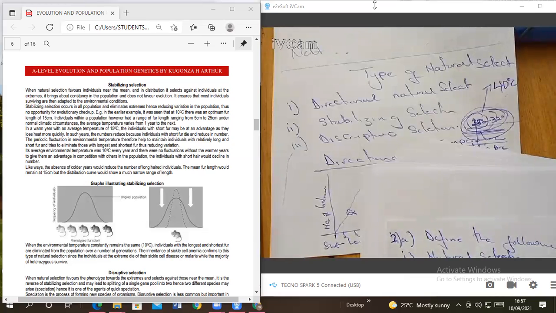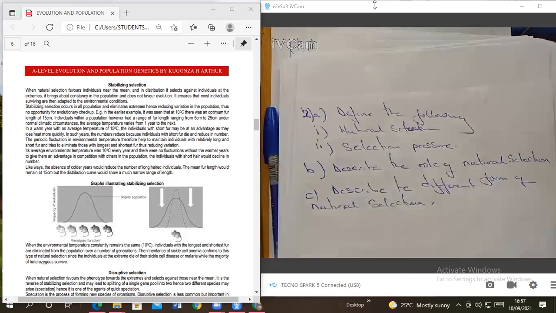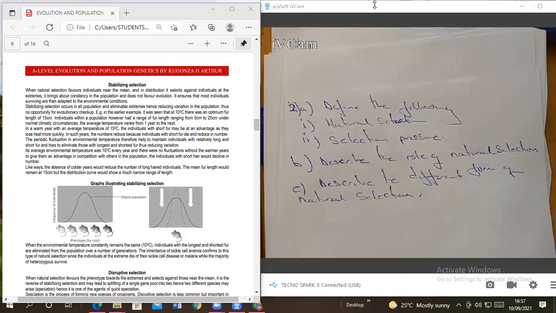C, describe the different forms of natural selection. Those are the questions. Define the following: natural selection, selection pressure. B, describe the role of natural selection. C, describe different forms of natural selection.